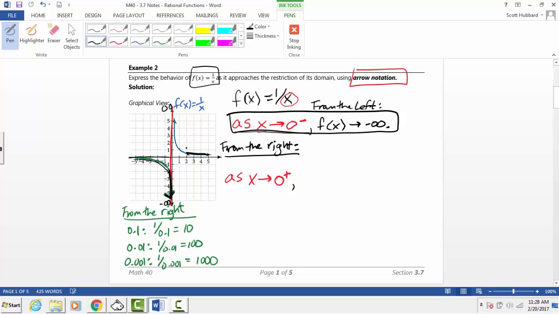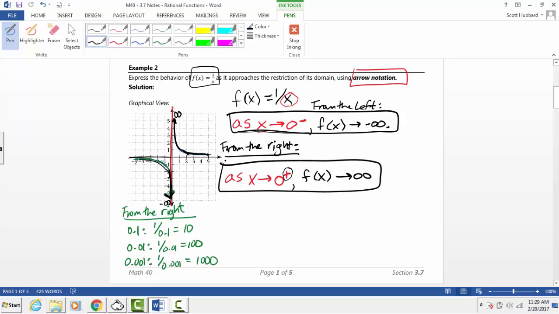I need to come in from the right, and that's why I'm coming at it from the right side. Remember, this just means from the right. So I'm on the right side, I'm approaching 0, and then I ask myself, what is the graph doing? It looks like it's shooting off to positive infinity.